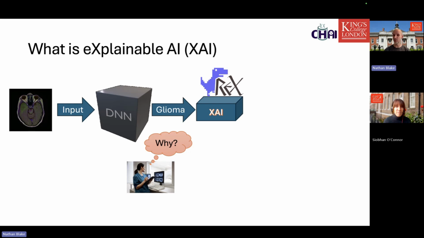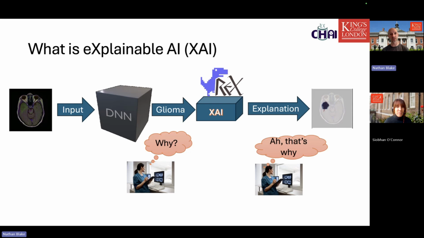Each of them has its own strengths and weaknesses, but the family of explainability tools that Rex belongs to are broadly speaking post hoc methods. So they're methods that you add, an algorithm that you add at the end of your deep learning network. It's a separate entity to your deep learning network. What they have in common is that they all provide an explanation of some kind.